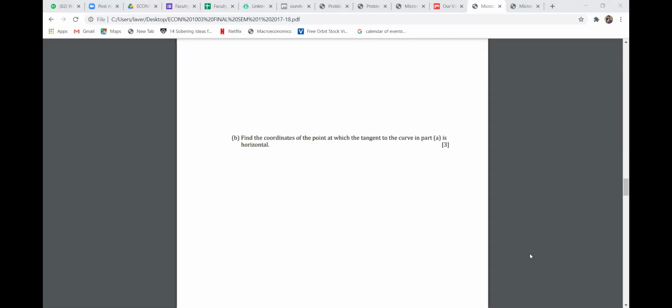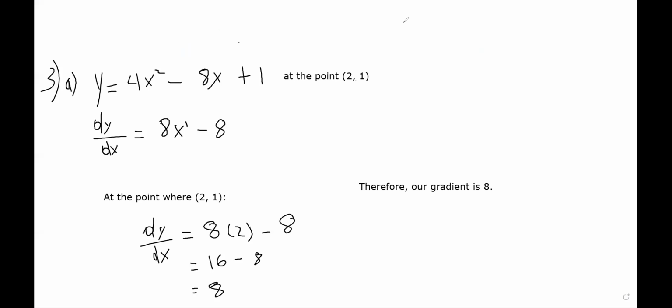Let me pull up the whiteboard. All right, let's clear this off. So 3B. It says to find the coordinates of the point at which the tangent to the curve in part A is horizontal.